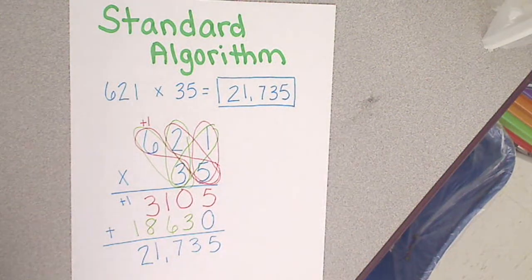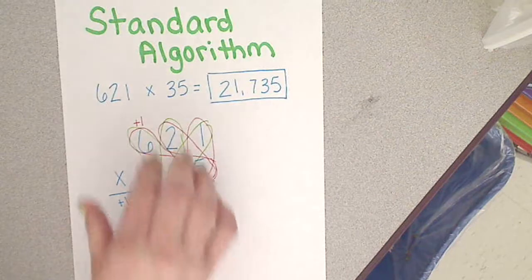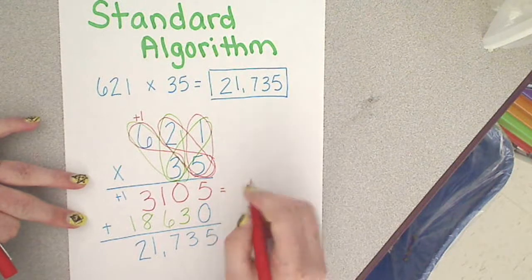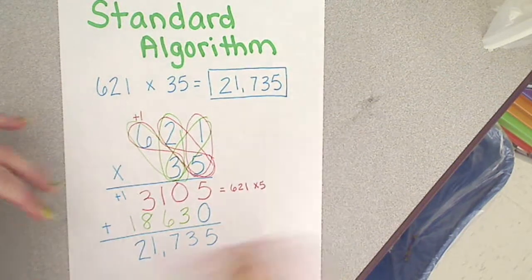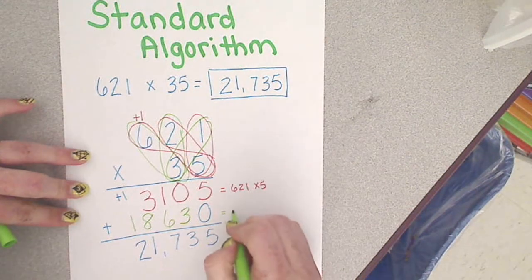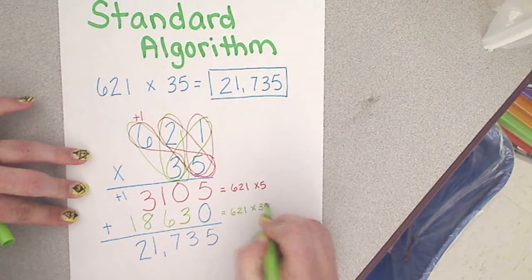Okay. So to show you how these two numbers connect to here, essentially this first row is the product of 621 times 5. And this second row is the product of 621 times 30.